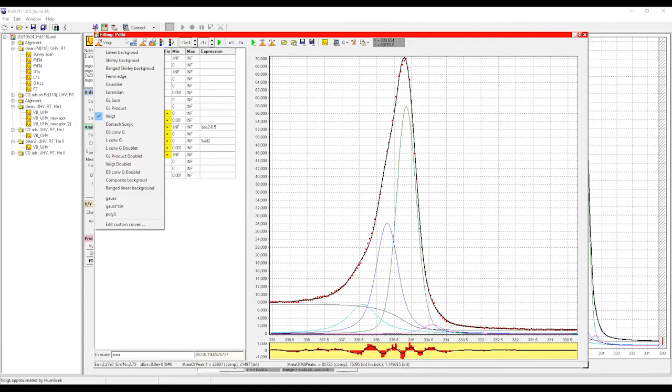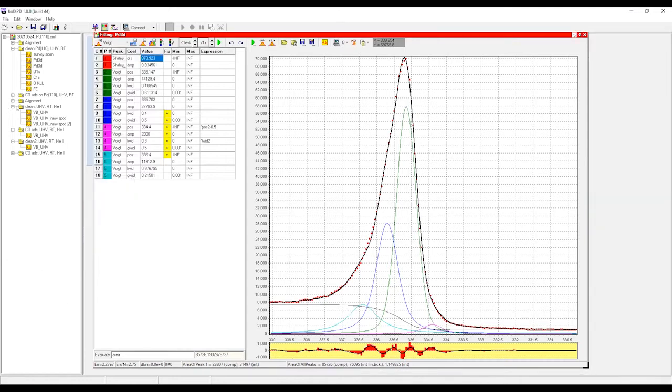For XPS profiles, it's usually a combination of Lorentzian and Gaussian profile functions. And you can use the Voigt, which is another kind of combination, or there is even Doniach-Sunjic, which is a function used for asymmetrical profile shapes.